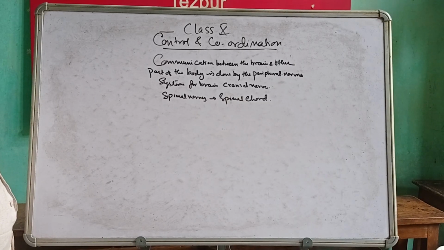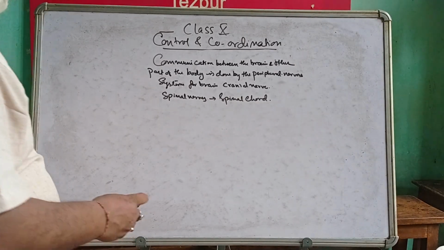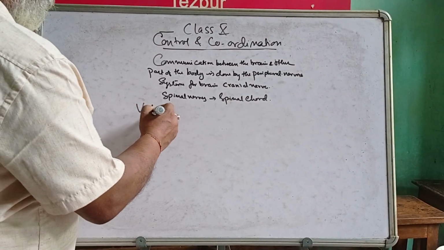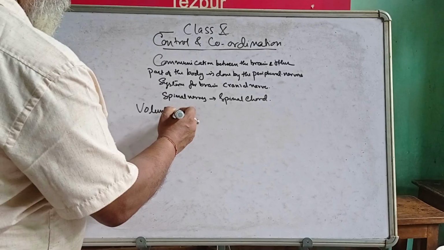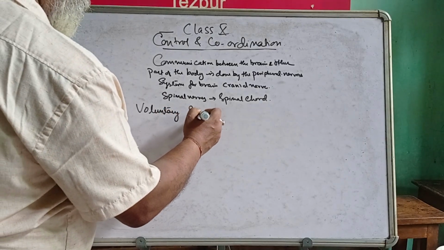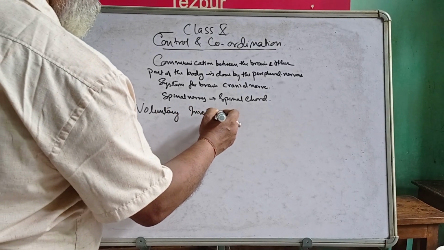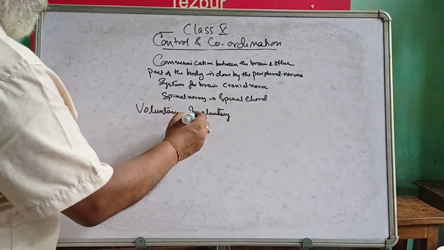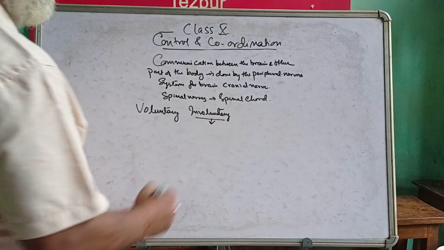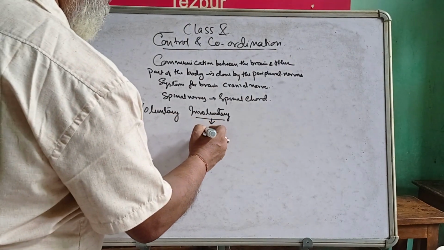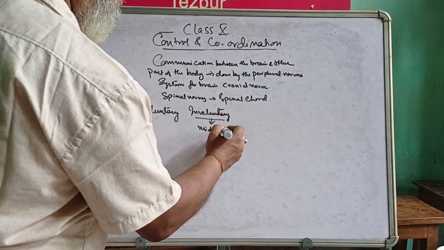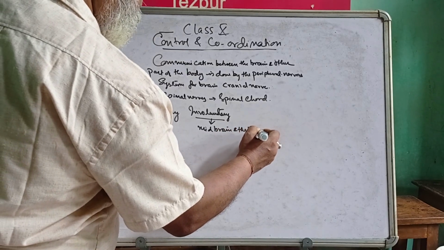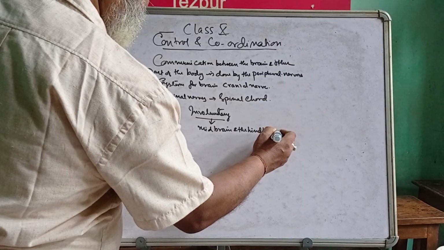Now there are two types of movement. One is voluntary movement, and another is involuntary movement. The involuntary movement is controlled by the midbrain and the hindbrain.